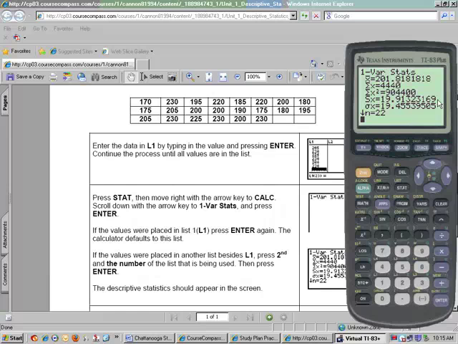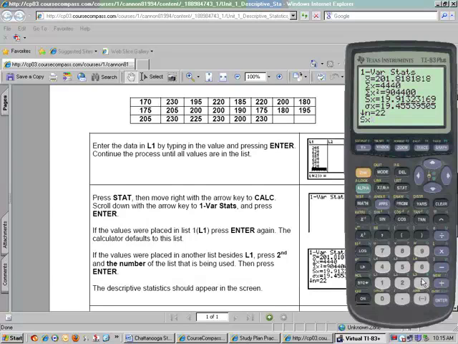Well, if we want to be accurate, what happens is we can locate the variables that's used on this list by pushing the variables button, VARS. So if I push VARS, notice number 5 says statistics, so I can push number 5. And we can see some of the values that were located on that list. Well, we need the S of X because that's the standard deviation of the sample. So number 3, I'm just going to push the number 3.